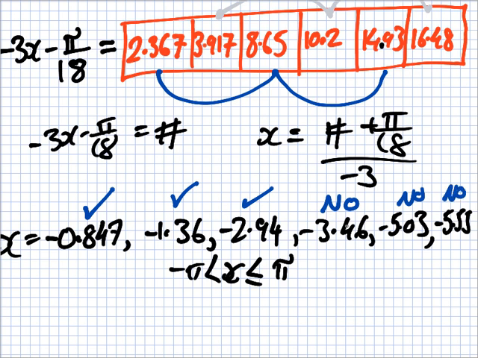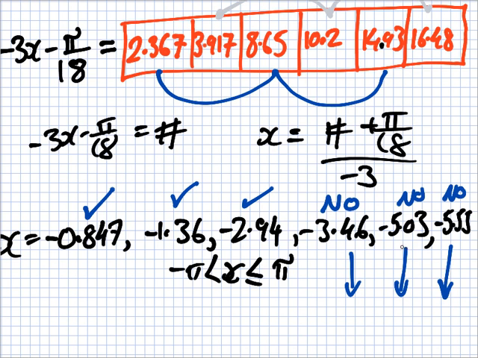No. Are they too big or too small? Too small. Too negative. So how do I fix these 3 answers here? What can I do at the end to fix answers outside the domain? You add or subtract 2 pi. So in this case I add 2 pi.